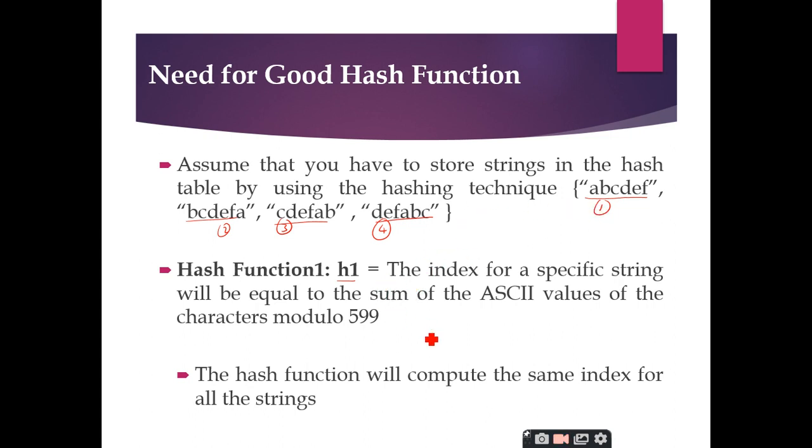Here the hash function which I am applying is modulo 599. What is this 599? Why have I taken 599 only? There is no need to justify why it is 599. You tell me what is this 599?